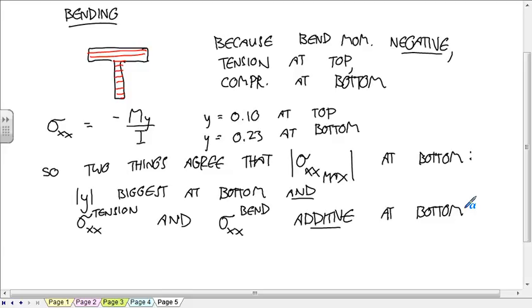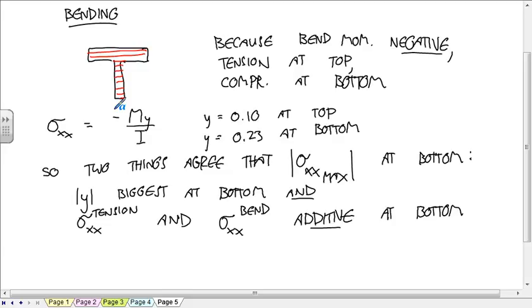If we had this flipped upside down and we had a bigger absolute value of y at the top, then we'd have to calculate both at the top and bottom to figure out whether adding in the compression due to tension was enough to make up for that difference in y.